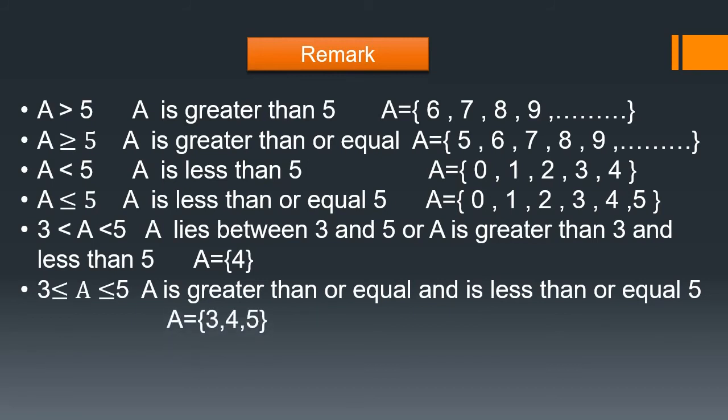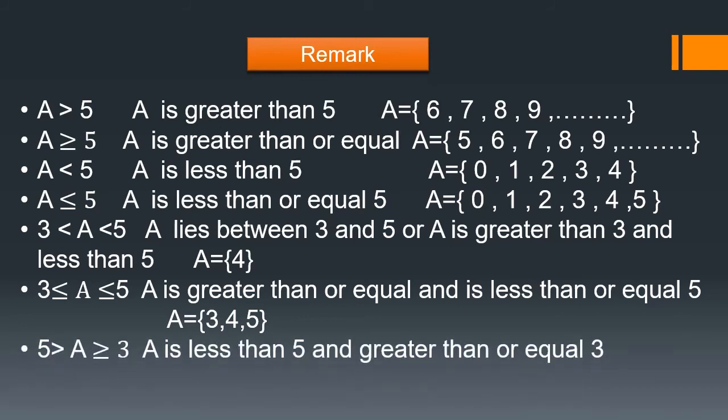So A equals the set of 3, 4 and 5. A is greater than or equal to 3 and less than 5. Yes, A equals the set of... I'm sorry, A equals the set of 3 and 4.